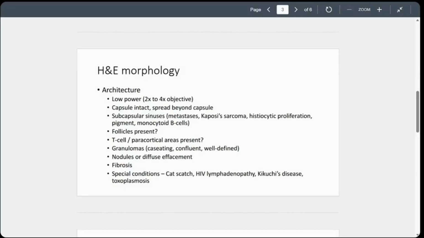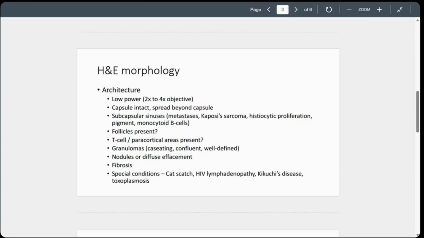Any fibrosis? That would indicate possibly nodular sclerosing Hodgkin's, and you can get a little bit of fibrous tissue in nodular lymphocyte predominant sometimes, but they're small little fibers.